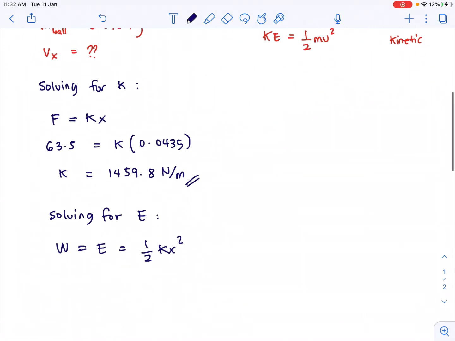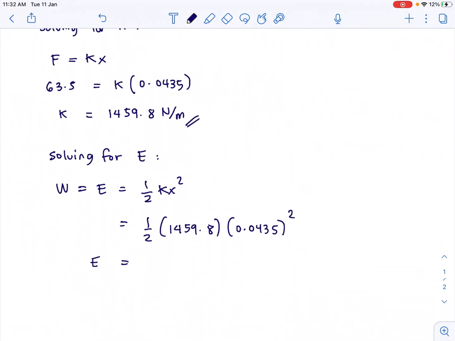Let us substitute the values. 1/2, our K is 1459.8, multiplied by the compression, 0.0435. Do not forget to square it. So the energy transferred is equal to 1.38 joules. This energy is actually potential energy that is being stored in the spring because of the work done on it.